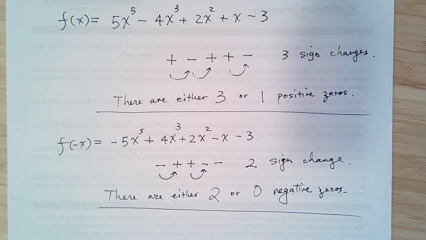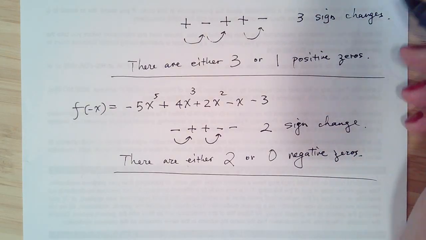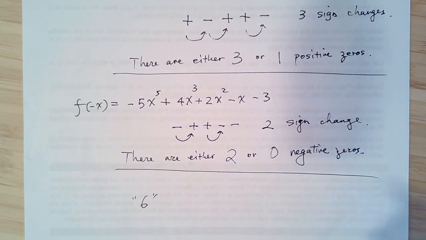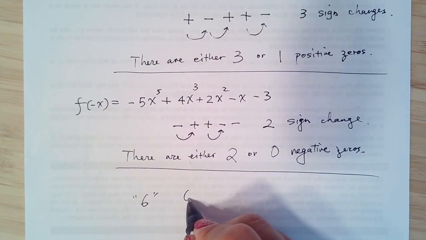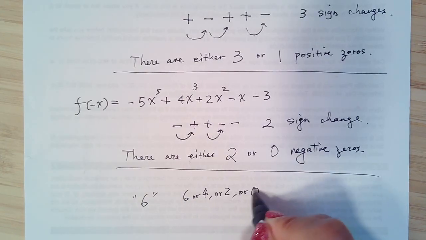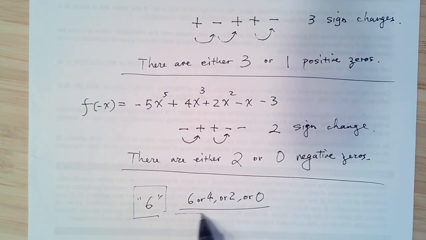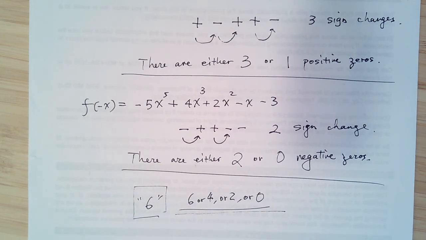Okay, so this is how you use Descartes' rule of signs. If you have, say, 6 sign changes, there could be either 6 or 4 or 2 or 0. So you have to keep going all the way down to either 1 or 0 zeros.